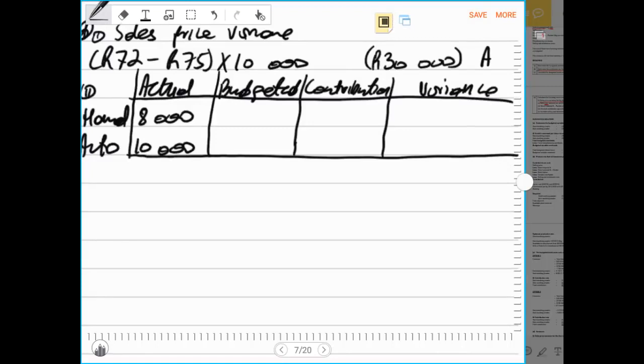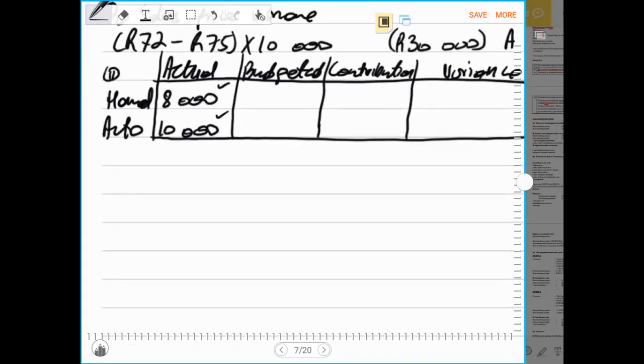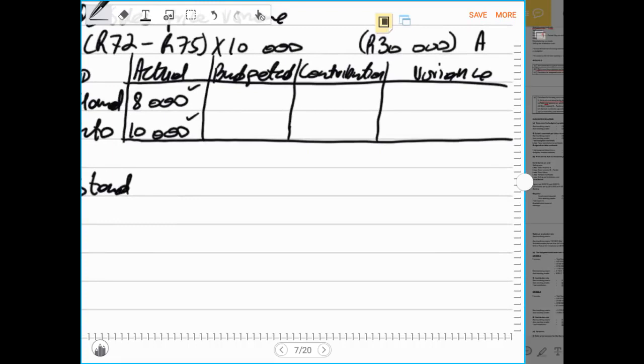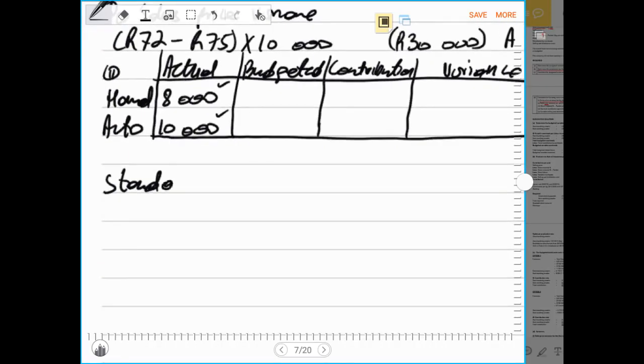Under the actual information, you take actual as it was provided. Under budgeted, in fact, we take what I call standard sales, though they normally call it budgeted units based on actual information. My standard sales is allocating the actual sales using the budgeted information.